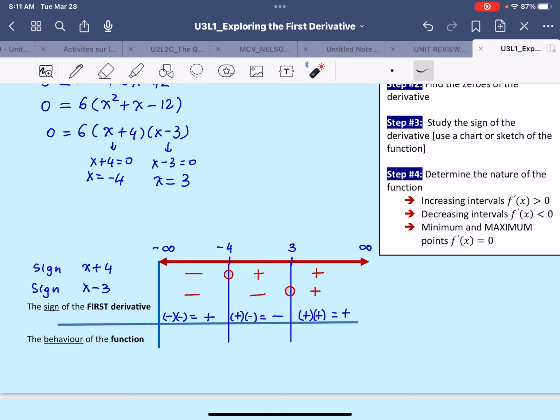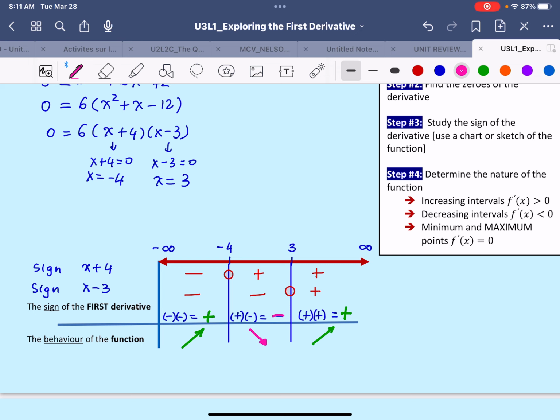So the behavior of the function then will follow the sign of the derivative. Wherever the sign of the derivative is positive, the function will be increasing. And wherever the sign of the derivative is negative, then the function will be decreasing.